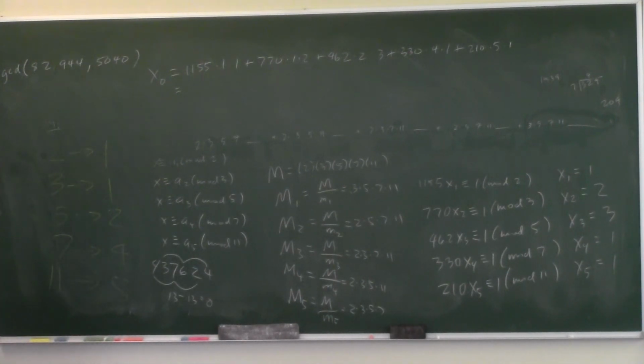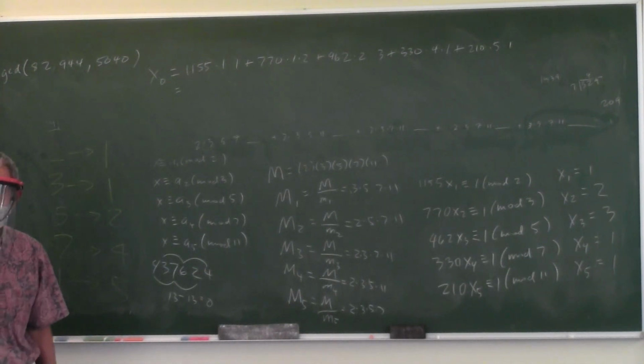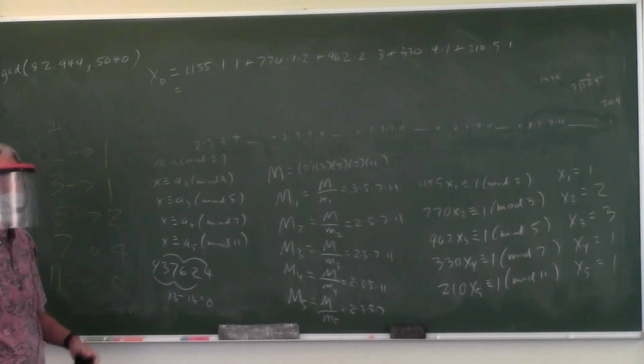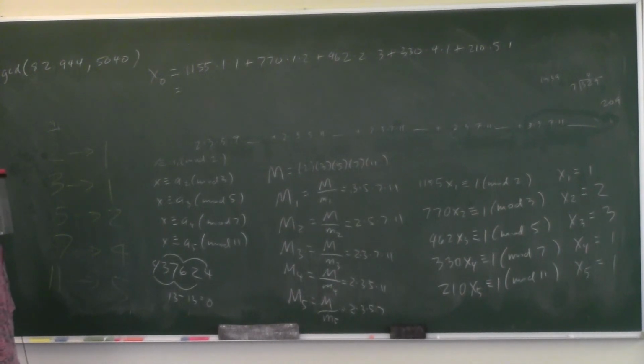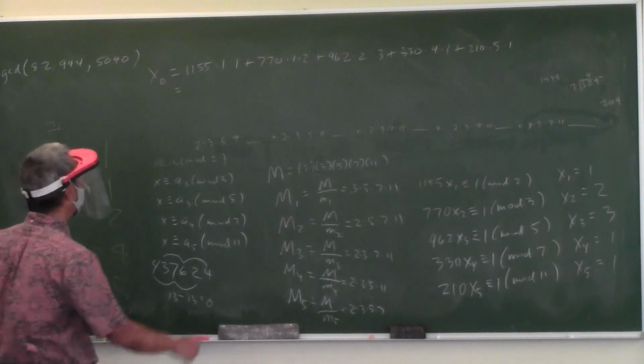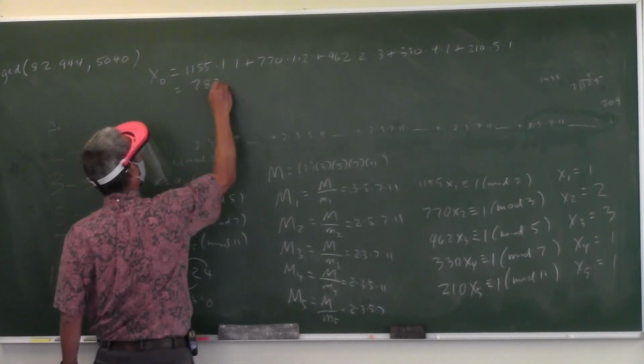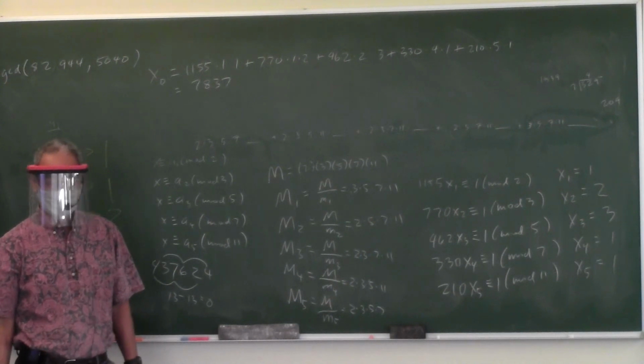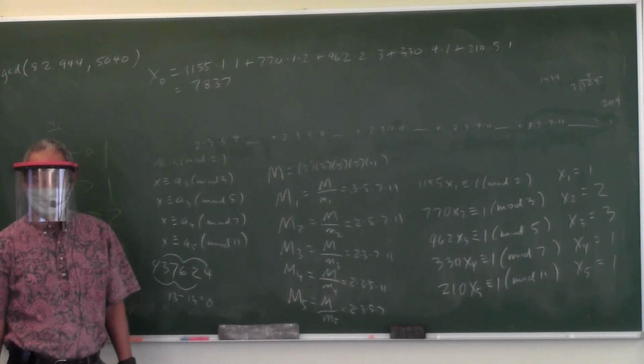I don't even know how to use a calculator. I can take out my phone and do it faster. Luckily Park is doing it too. 7837. Okay, just confirm it then. Yeah.